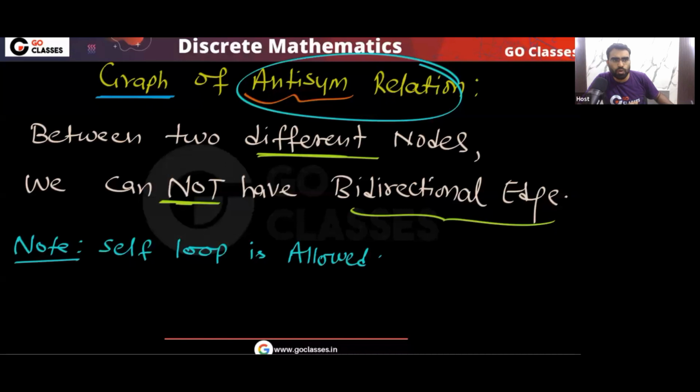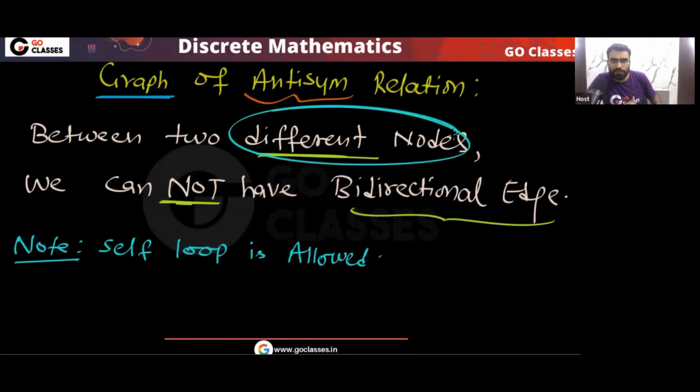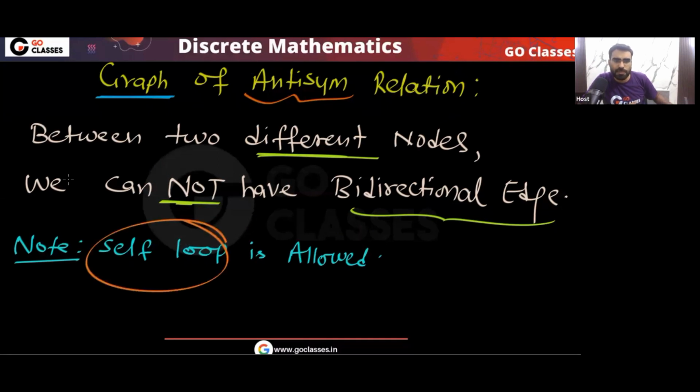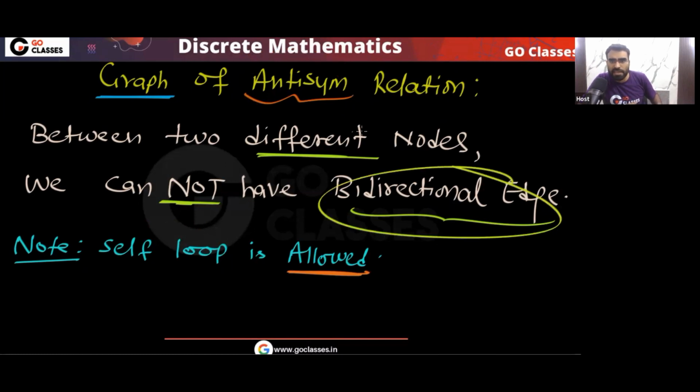A self loop is between the same element, not between different elements, so it is allowed. Anti-symmetric relation has a problem only with bidirectional edges between different nodes. That is the only problem.